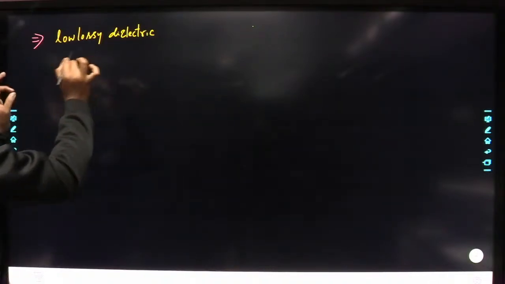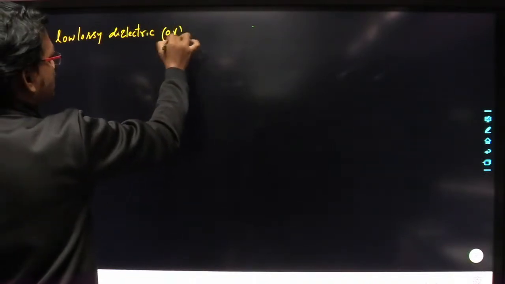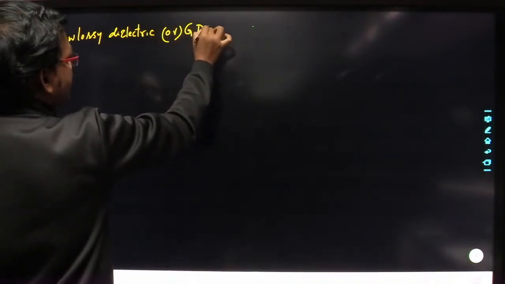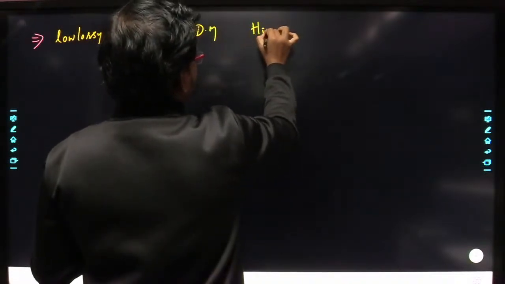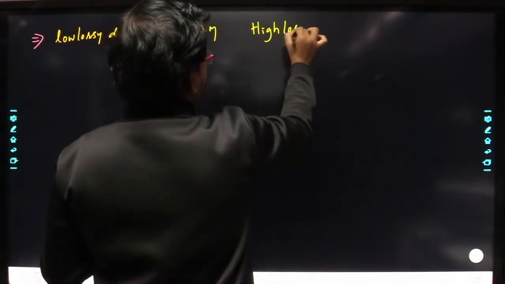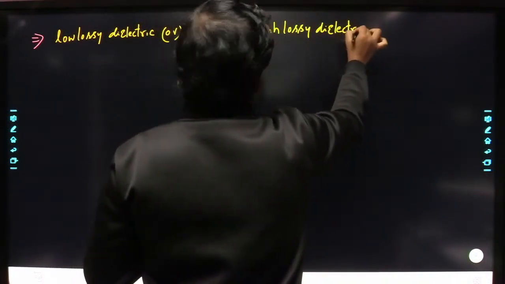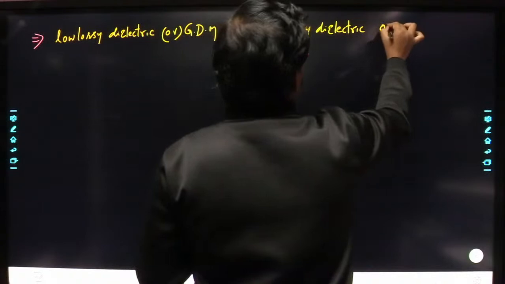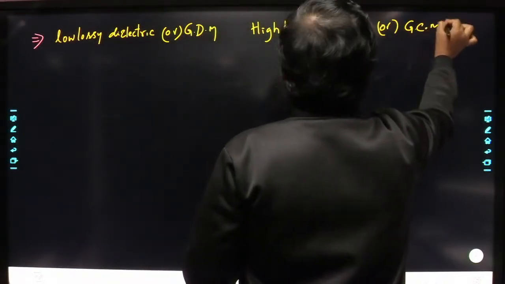So sometimes they will use low lossy dielectric medium, or they will call it good dielectric medium, and high lossy dielectric medium, or they will call it good conducting medium, right?